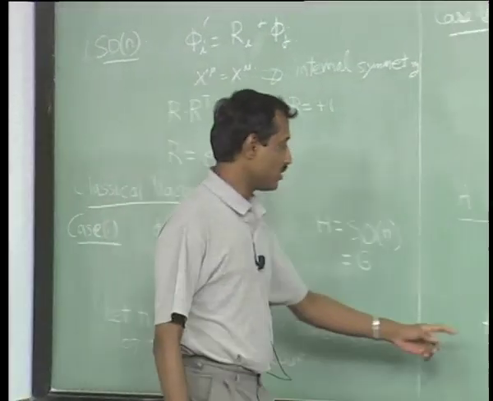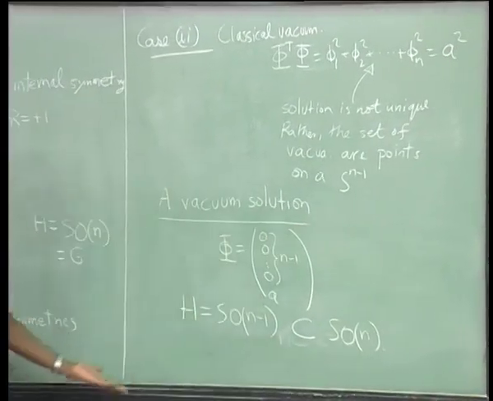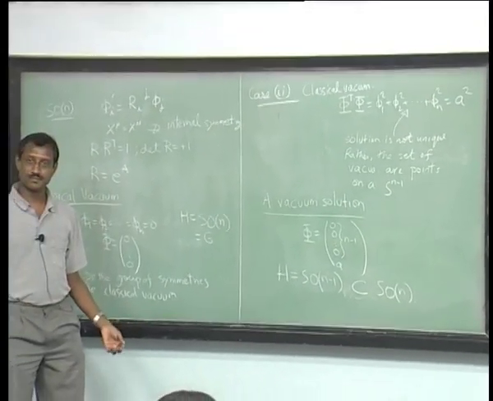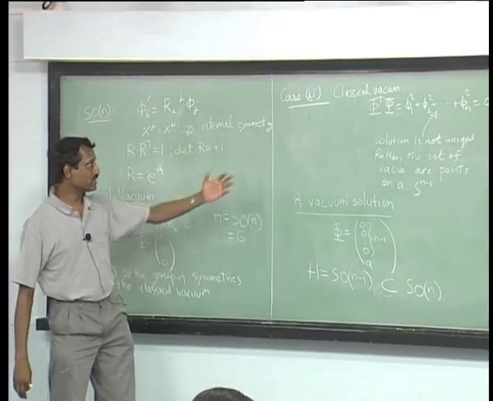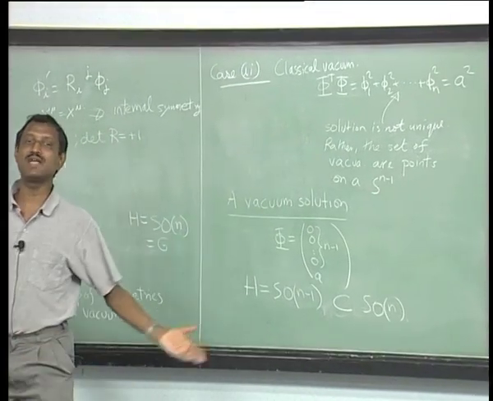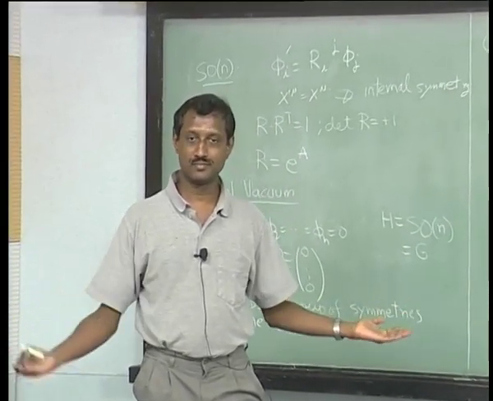Okay. So, now we have something very nice, where H is a strict subgroup, and so this is a case where you have spontaneous symmetry breaking. Okay. So, you can see that there is a non trivial set of vacua, all of them have the same energy 0, that is why they are degenerate.